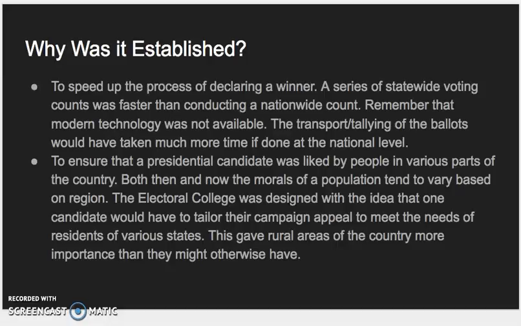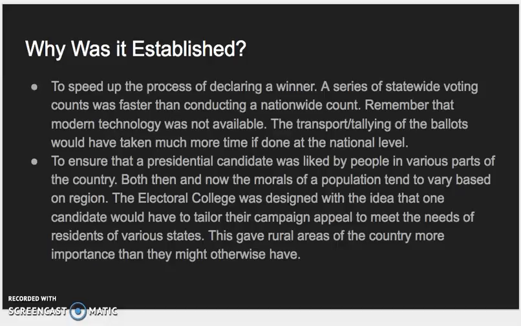And so it was considered that having this system and making a candidate reach out to so many different types of Americans gave them a more authentic and a more dignified rule over the country, because so many different people from so many different walks of life all agreed that this was the candidate that should run the country or could best run the country.